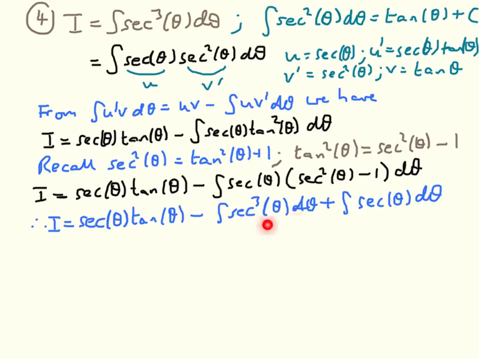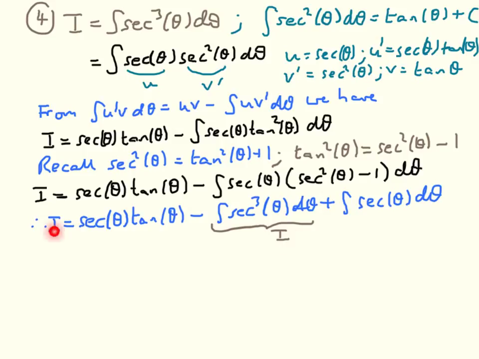This integral here is just our initial integrand, I. So what I'm going to do now is take it over to here, because what we have is now an equation with our unknown integral here, our unknown integral here, this algebraic term, this product of two trigonometric functions, and here an integral, but that's a standard integral that we recognize.